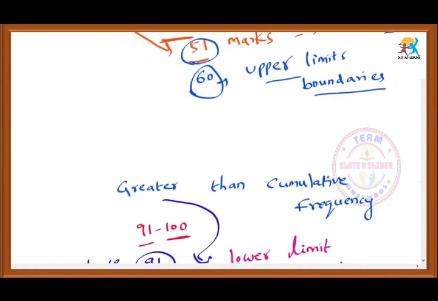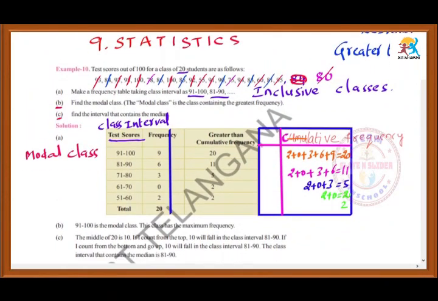Let's go to the question itself. In this, just observe. Here in the textbook, it is given as greater than cumulative frequency, and I did not write anything here, only cumulative frequency I have written. But what I have found here, is it less than cumulative frequency or greater than cumulative frequency? Let us discuss now. Here the cumulative frequency is 20.